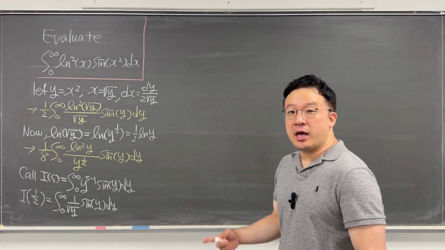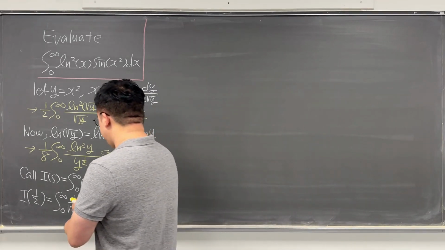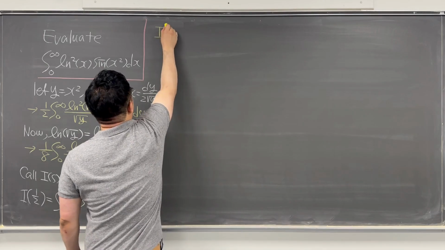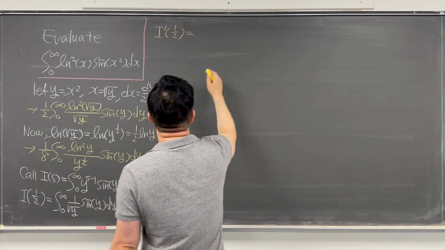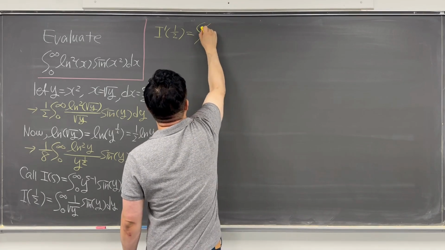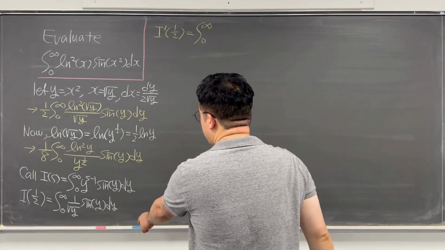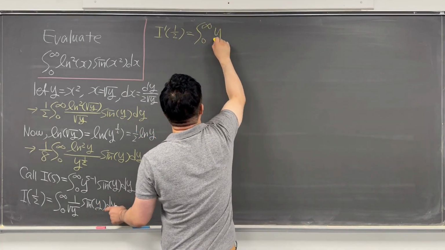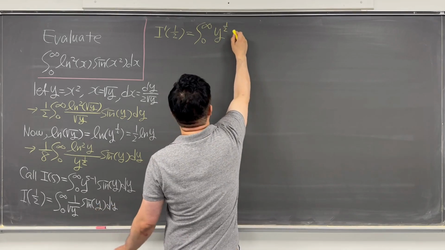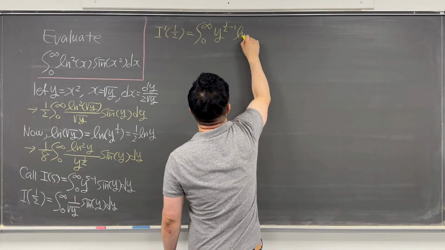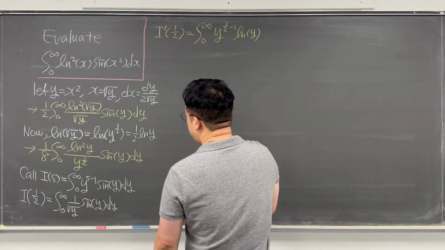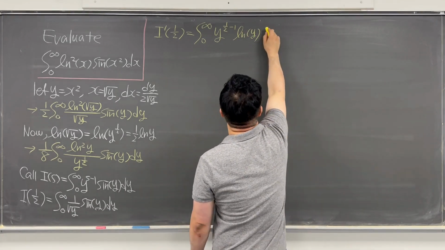And then if you get your I prime of 1 over 2, I prime of 1 over 2 has to be the integral from 0 to infinity of y to the power of 1 over 2 minus 1, times ln y, times sine y dy.